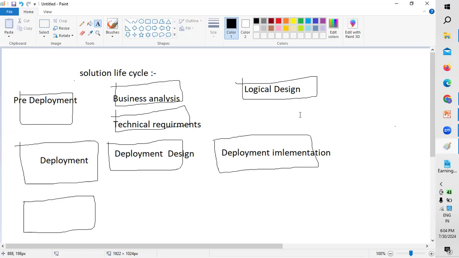When it comes to the cloud level architecture, the cloud level deployments we do were different. So when it comes to the deployment design, whatever the deployment architecture we do, followed by the kind of implementation specifications or implementation plans, right? All these things come under the deployment design part.